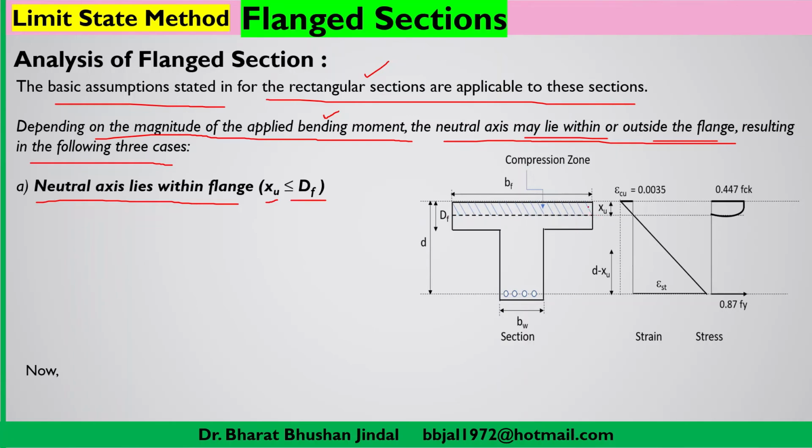So you can easily understand that in this case neutral axis is lying within the flange, where xu is the depth of neutral axis, capital Df is the depth of the flange or thickness of the flange, and here it is a singly reinforced type of section.